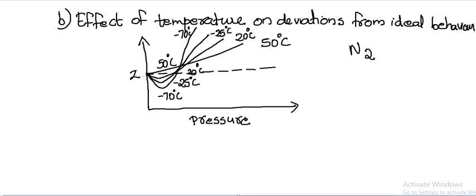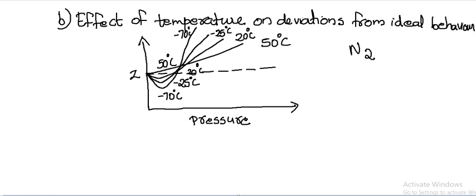Here there is no minimum at 50 degrees Celsius, and the curve remains almost horizontal where Z is about unity for an appreciable range of pressures.